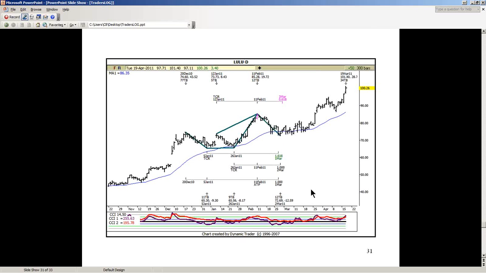So you had a clustering of time cycles, which is what you want to see when you're going to look for a possible change in trend. That came in between March 1st and March 3rd. We made the actual low on March 2nd, and then just took off from there in Lulu. So when you have timing that also overlaps price support, that's a really good trade setup. I realize that it's a lot of work to do, but it's worth it if the trade's going to make you money.